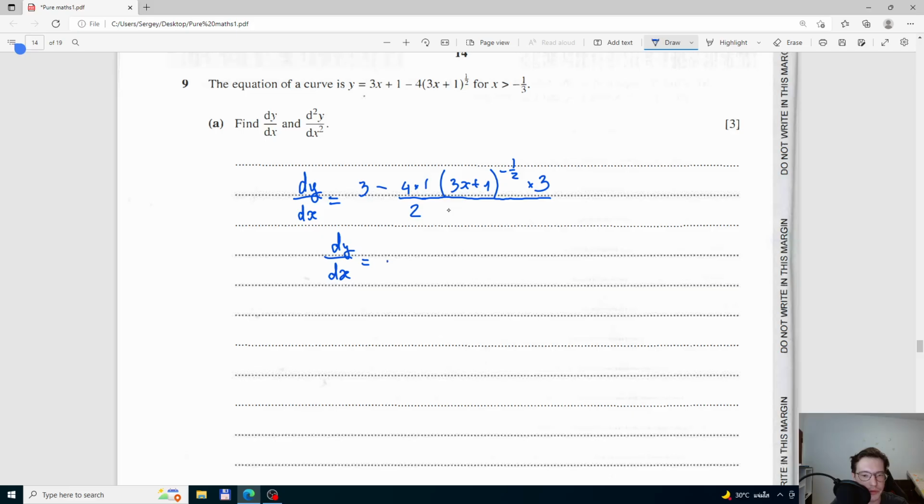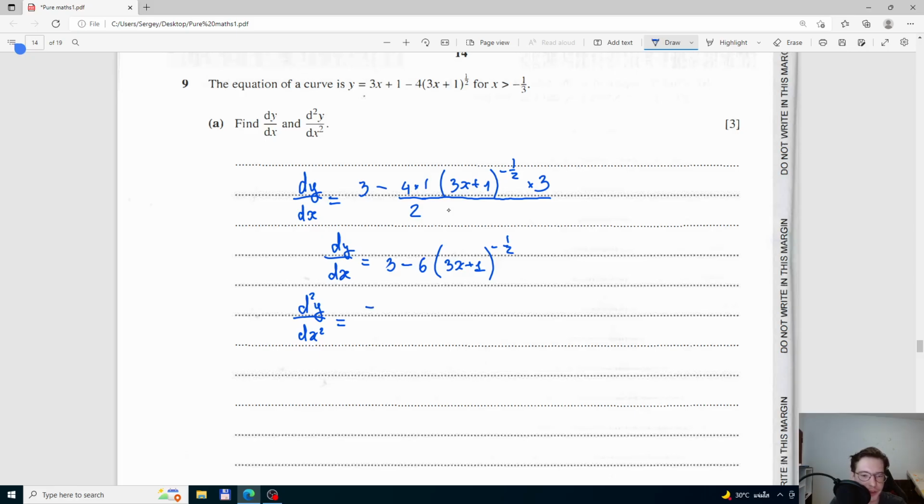Okay, so that gives me 3 minus 6 times (3x plus 1) to the power of minus 1 over 2. Okay, now let's find the second derivative. The derivative of 3 is 0.